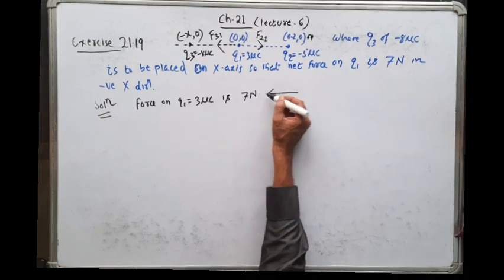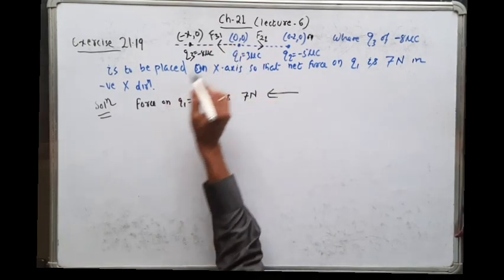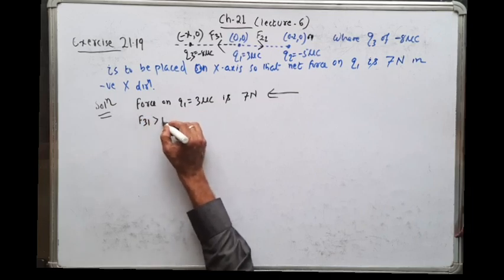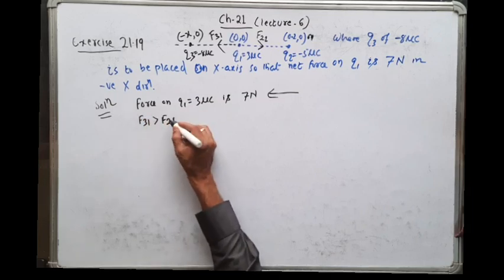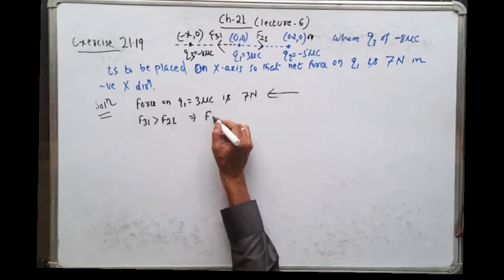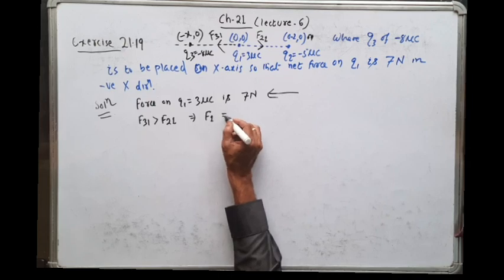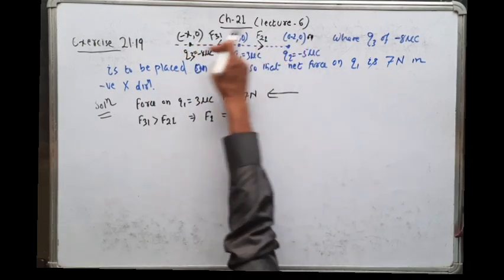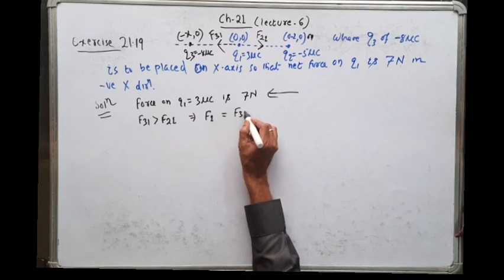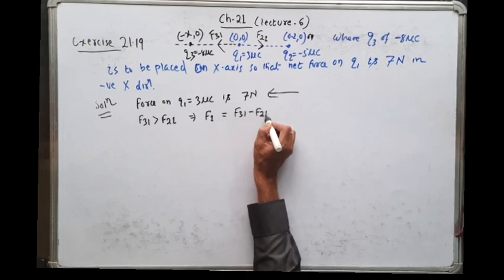Net force is towards left side. So definitely for this condition, F31 must be greater than F21, so that net force on Q1 charge will lie in left direction. That is, net force is equal to F31 minus F21.